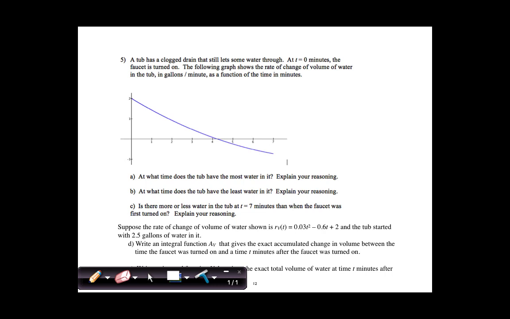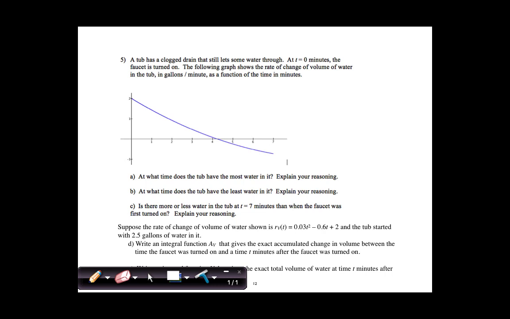But at this point, the amount of water in the tub is actually starting to decrease. So it must be draining, and or you turned off the faucet, but, well, at least could be and, couldn't be just or. During these last few minutes, there's a negative rate of change of the volume of water in the tub.